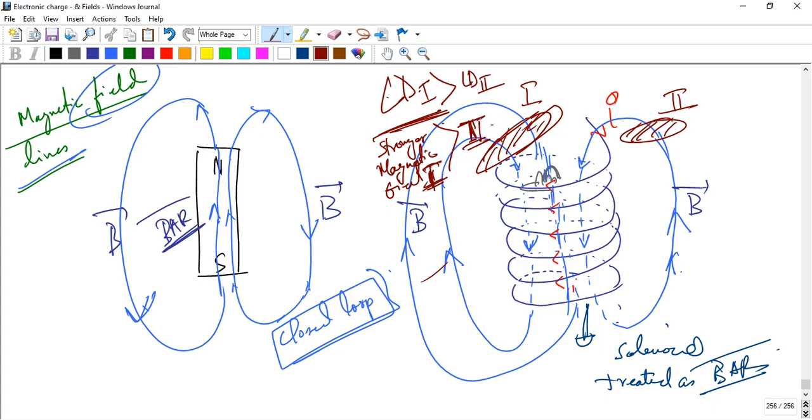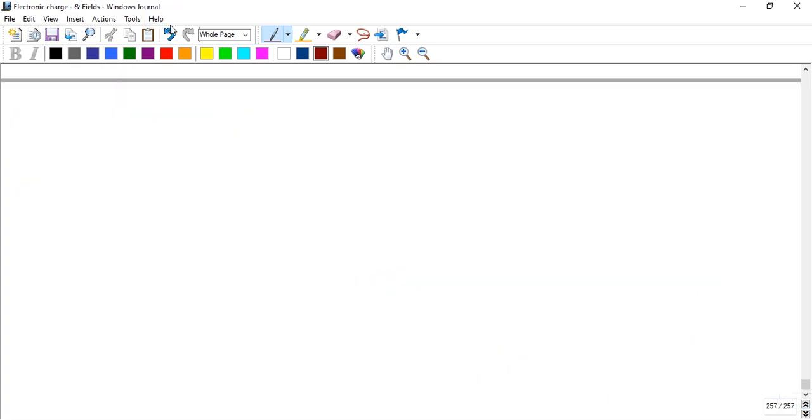Now these two are magnets. A bar magnet is treated as a magnet because there is a magnetic field present here. A solenoid is also treated as a magnet because there is a magnetic field here. And suppose there are two charges, plus and minus.